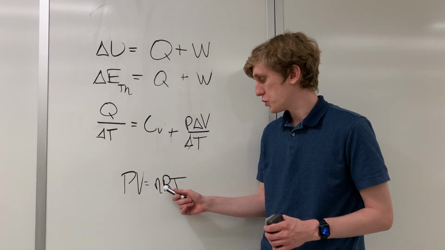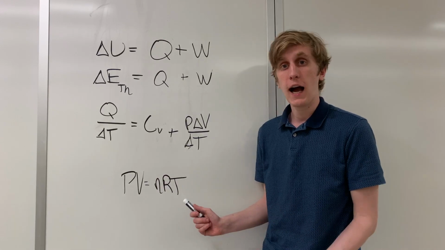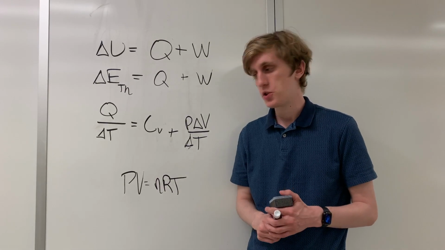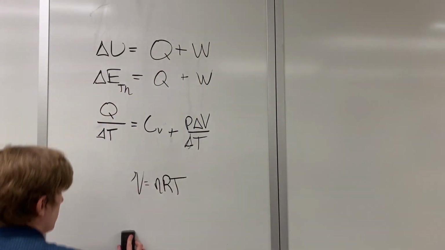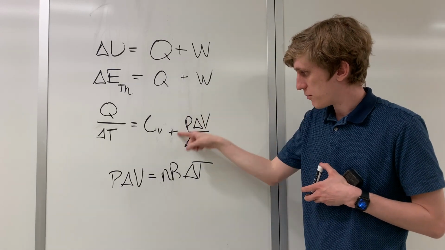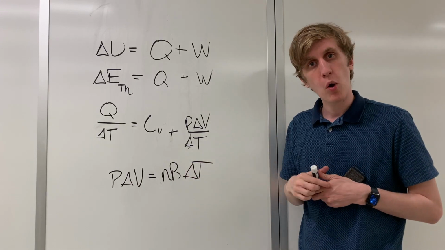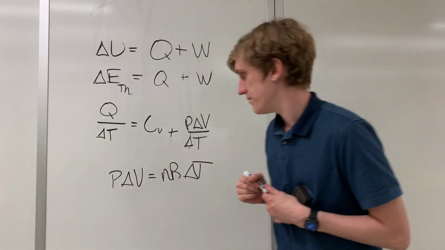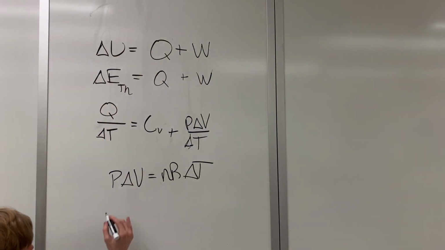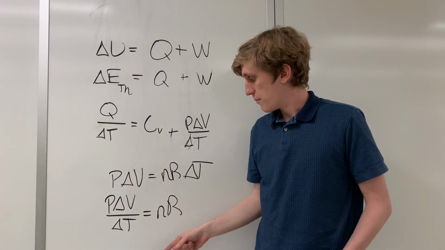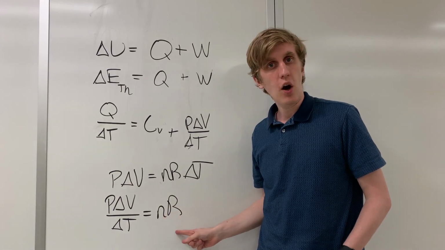Well, it's just equal to N times R times the change in temperature. We want to know what this number is, so all we need to do to get this is divide both sides by delta T. And there we go. This number is just equal to NR.